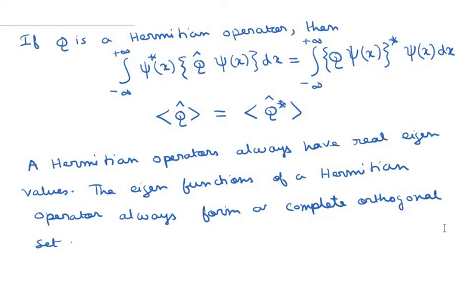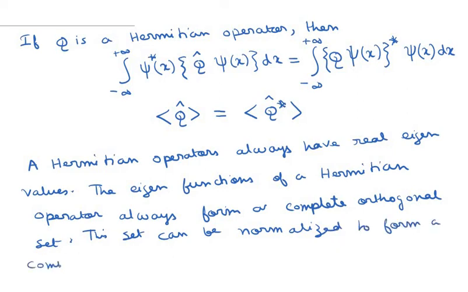So the eigenfunctions of a Hermitian operator always form a complete orthogonal set, and this set can be normalized to form a complete orthonormal basis set.